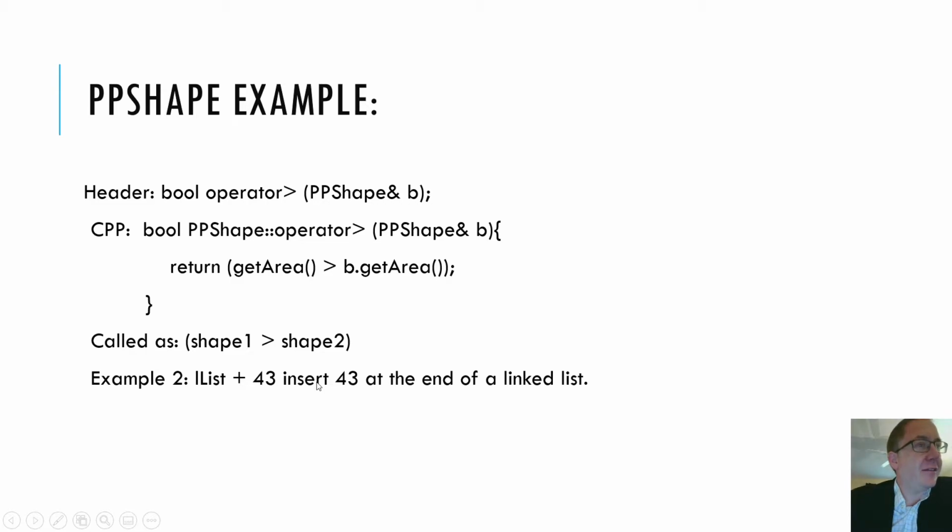If I add data to my linked list, what I would expect is, if I call the plus operator, I would expect this data to be added or inserted into the linked list, right? If I said, here's my linked list plus this particular value, I would expect that value to be added to the linked list. At least that's how I'm viewing it. So let's have a look at that code right now.